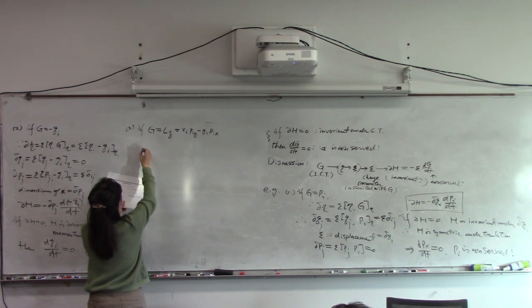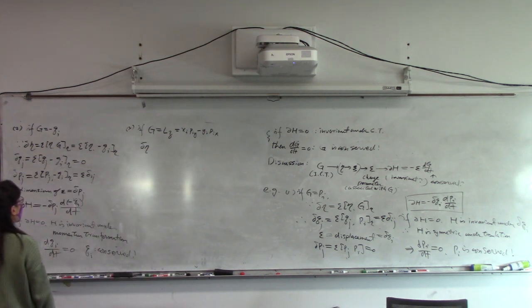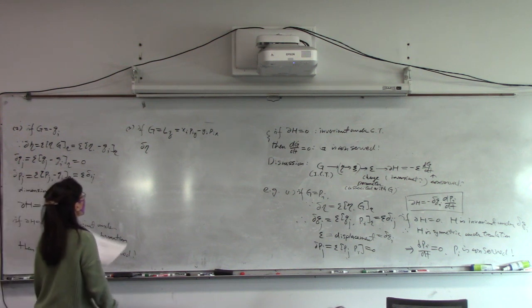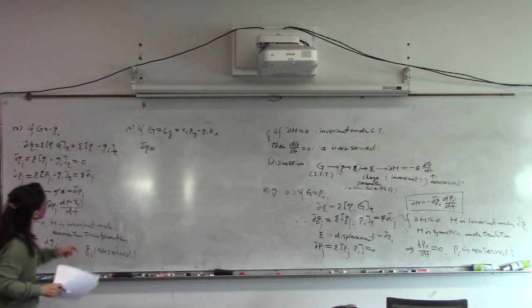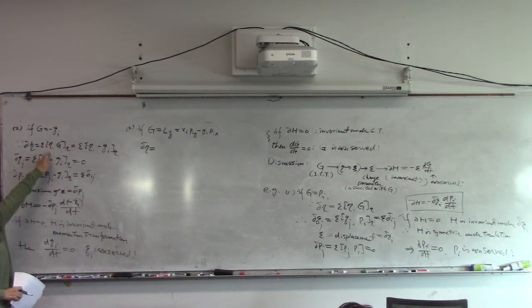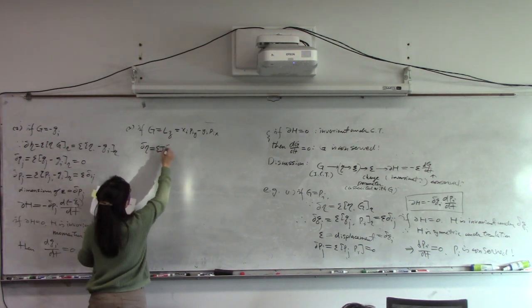So now let's look at the infinitesimal change of the canonical variables under this generator. Here I use, instead of the Poisson bracket, the partial derivative form, because these are equivalent.